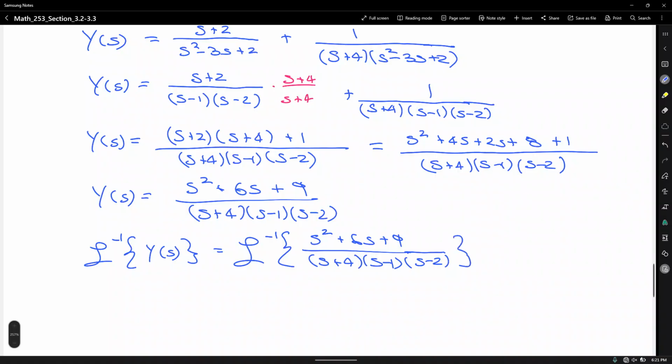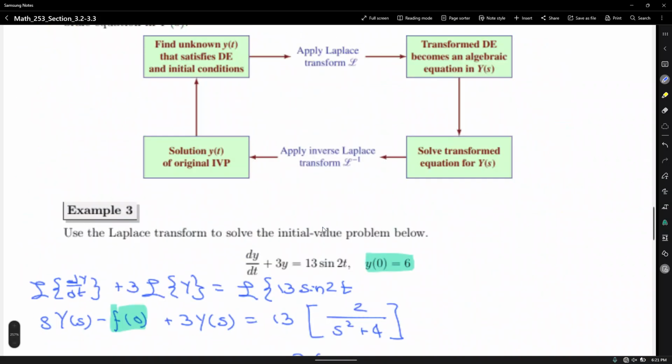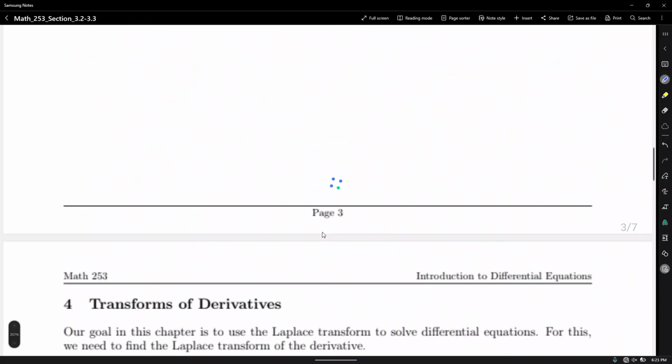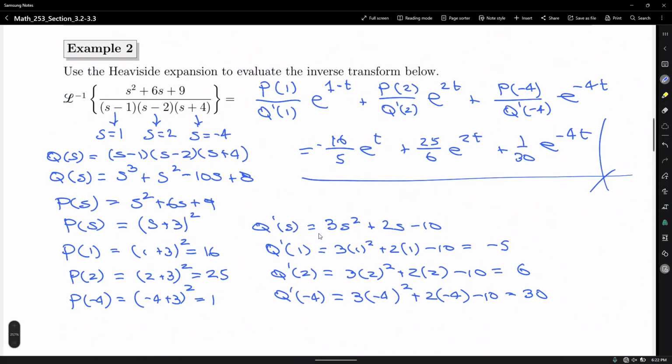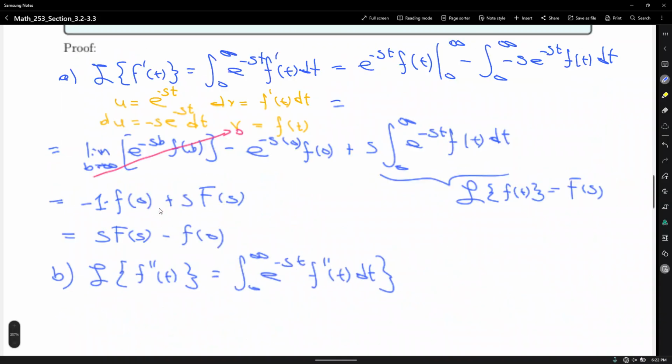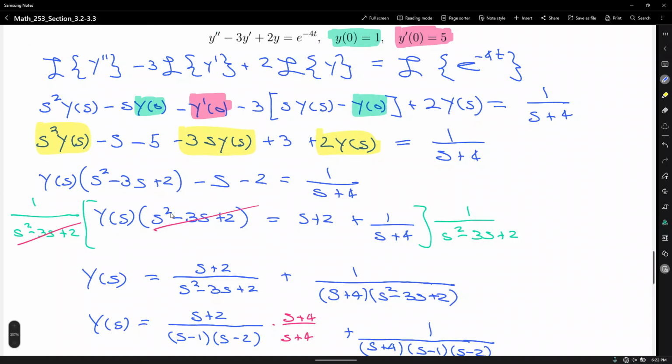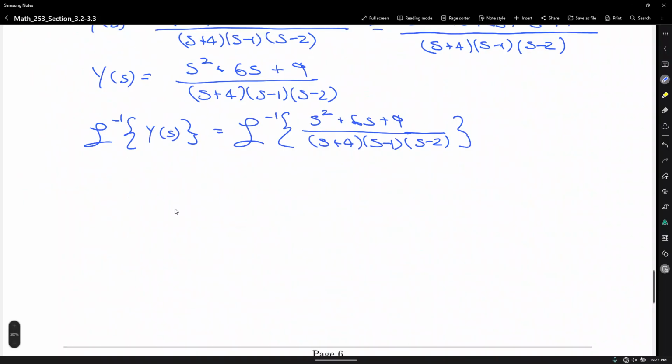This is the one we did for Heaviside expansion, page 3. We already found that inverse transform, so let's just use that result. Unless you want to do it again, either with the Heaviside expansion for practice or partial fraction decomposition, no problem.